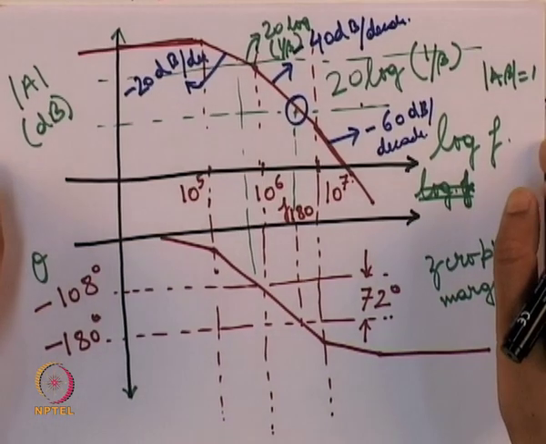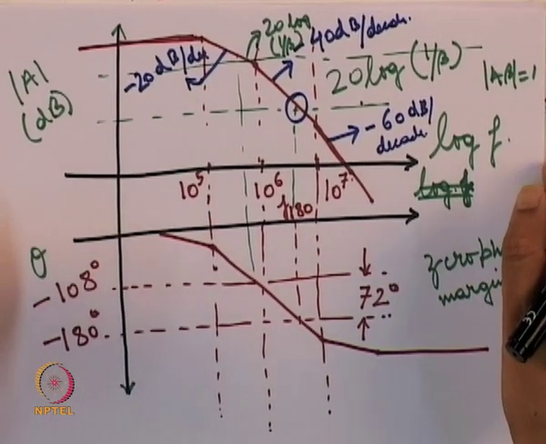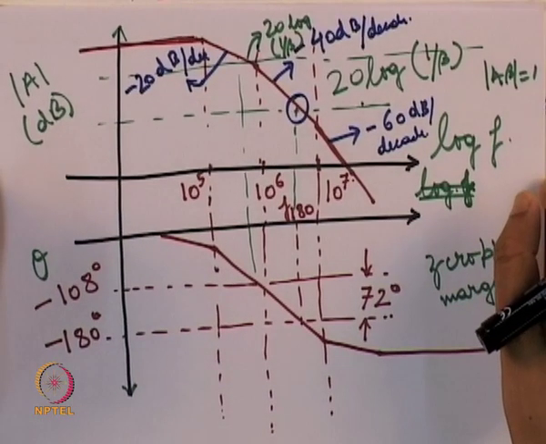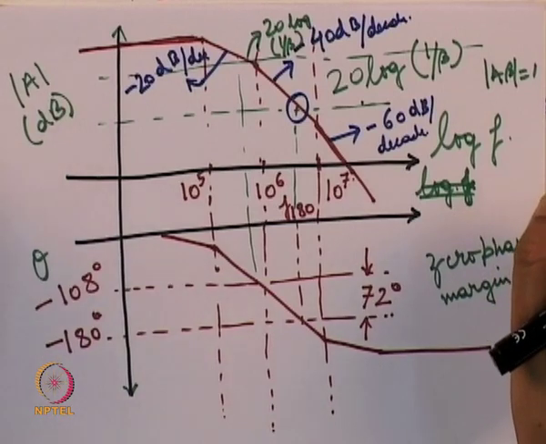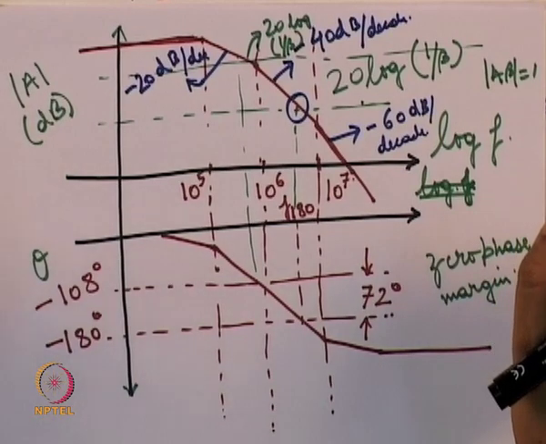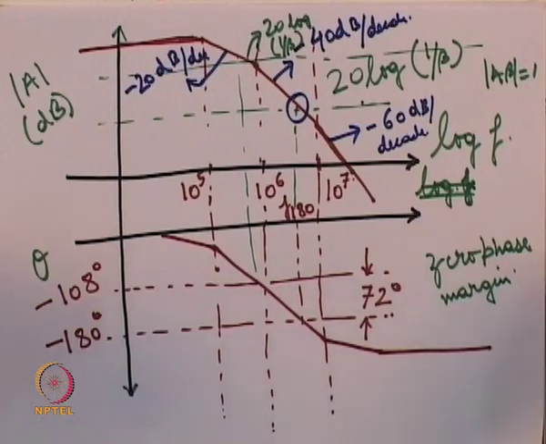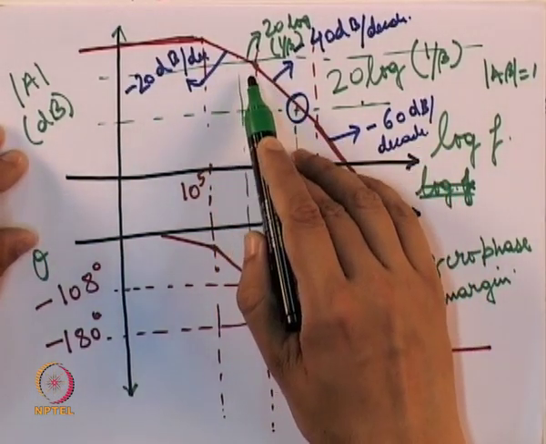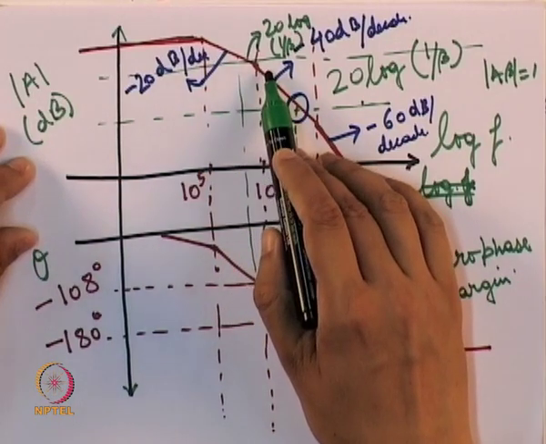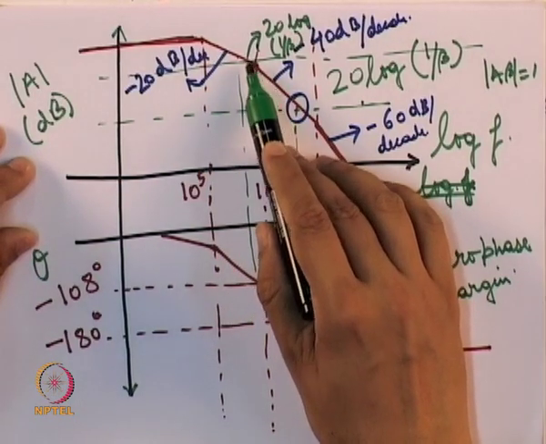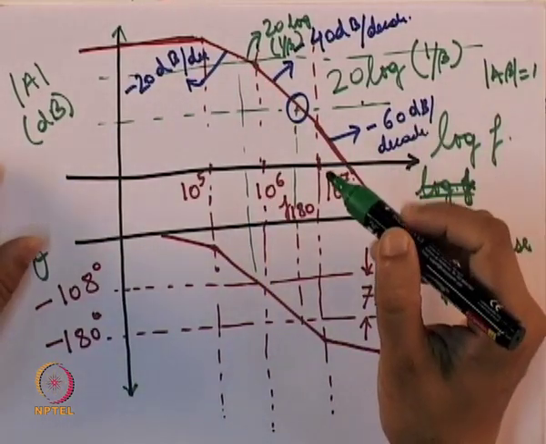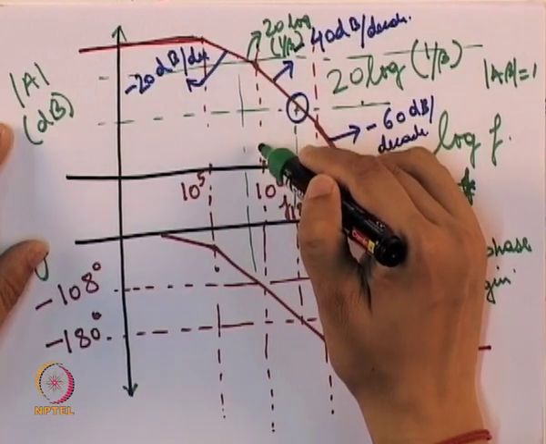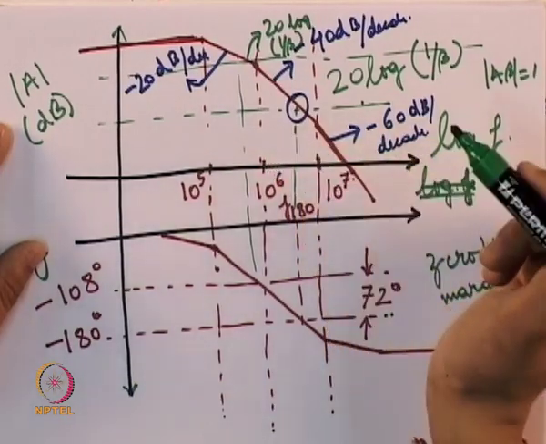Okay. The other thing is, if that is the conclusion, then why do we not always have our feedback network pass through the minus 20 dB per decade region? Now, note that when you are passing your feedback line through the minus 20 dB per decade region, your bandwidth is decreasing. This is the frequency at which your 0 dB loop gain is being obtained.